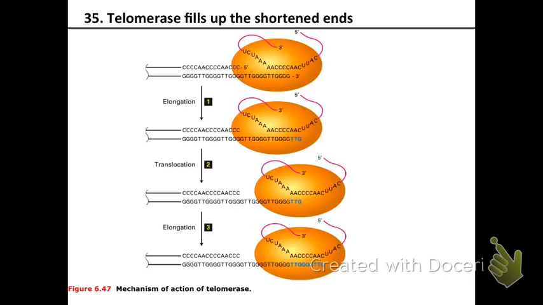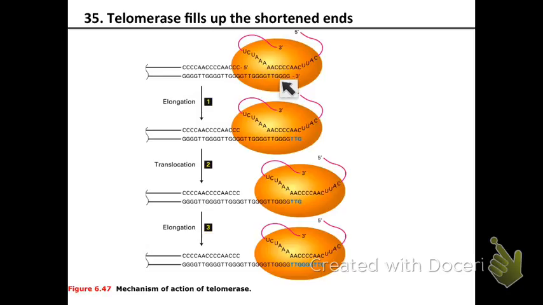The telomerase is a complex of proteins that also contains a non-coding RNA that has a function. So what this non-coding RNA does is that this telomerase complex recognizes the ends of the DNA, the chromosomes, and uses this RNA template to synthesize new DNA.